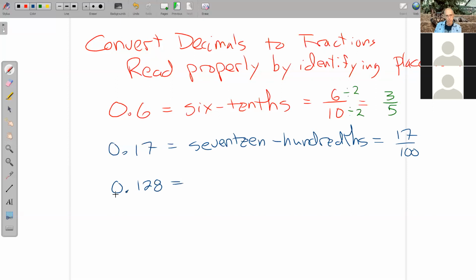So slang would be 0.128, which we're going to try not to say anymore. Instead, we're going to read it with the place value. So I see 128, and that's tenths, hundredths, thousandths. So the correct way to read that, 128 thousandths.